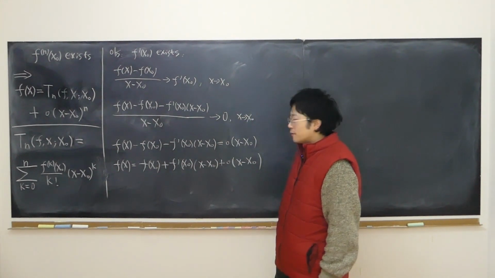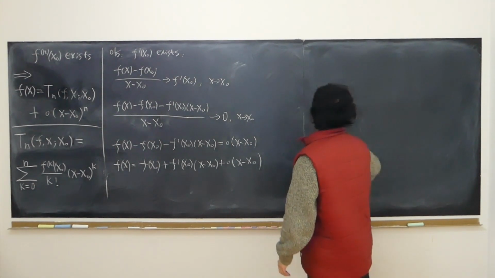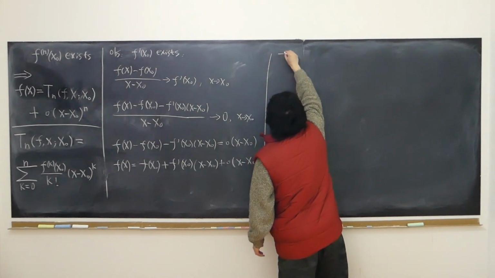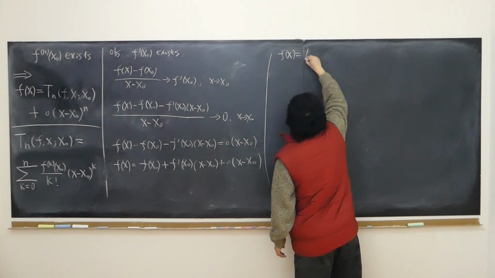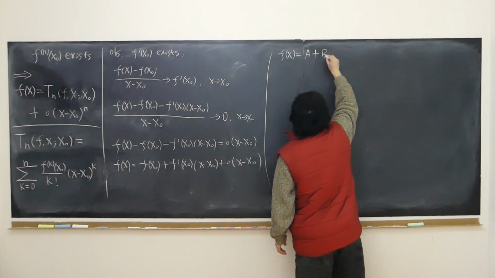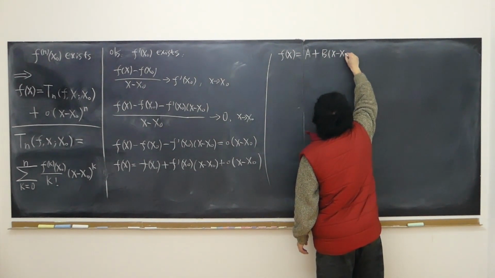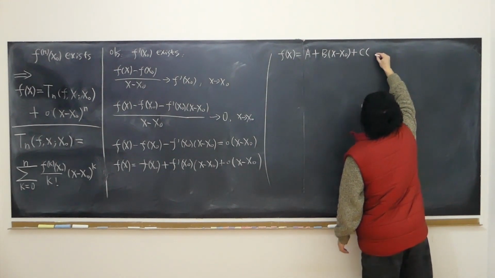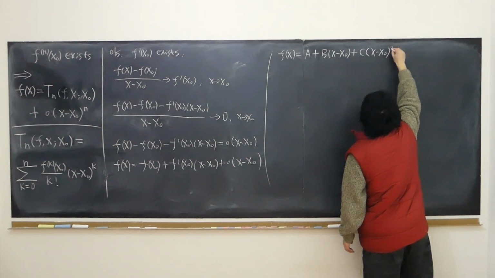That's our motivation. So in other words, can we ask ourselves, can we rewrite f of x as the following? Some constant A, plus some other constant b times some polynomial, x minus x naught, plus some other constant c times some other polynomial, x minus x naught to the power of 2.